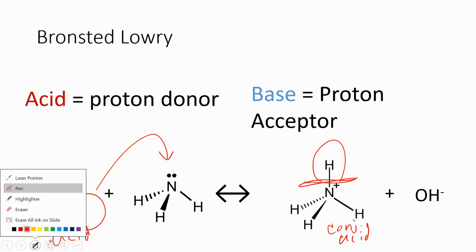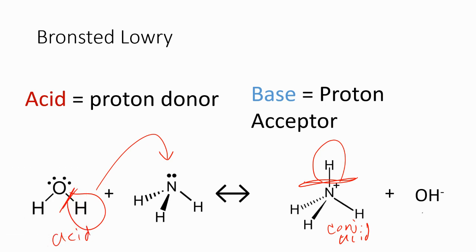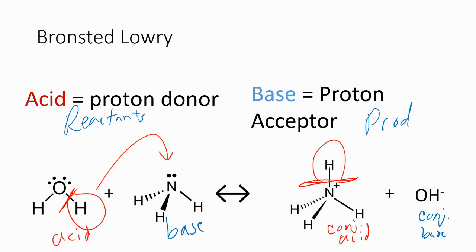And after something that's an acid loses its H, it becomes a conjugate base. And then this was the base because it accepted the hat. So on the reactant side, you need to figure out the acid and the base. And then on the product side, you need to find out the conjugate acid and the conjugate base.